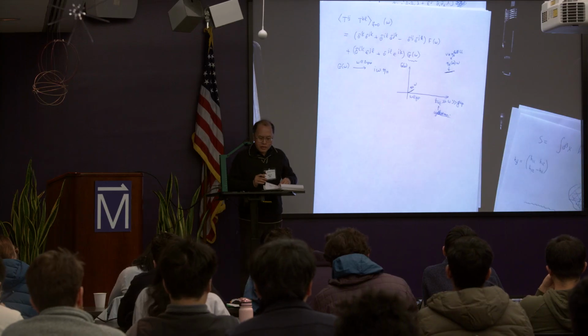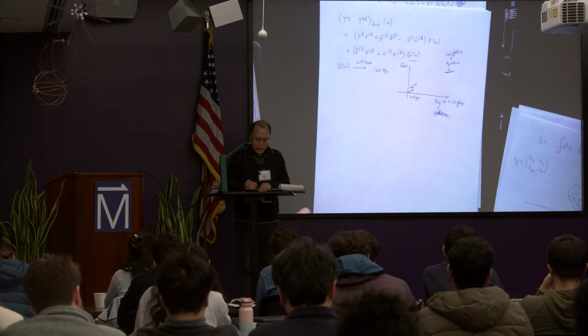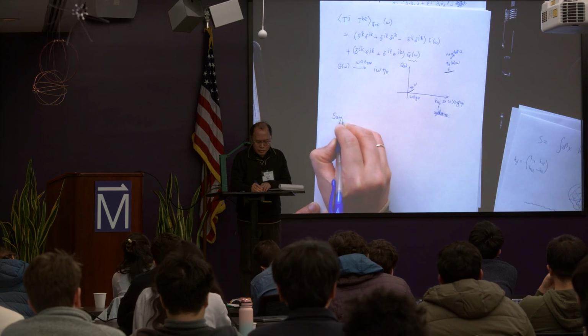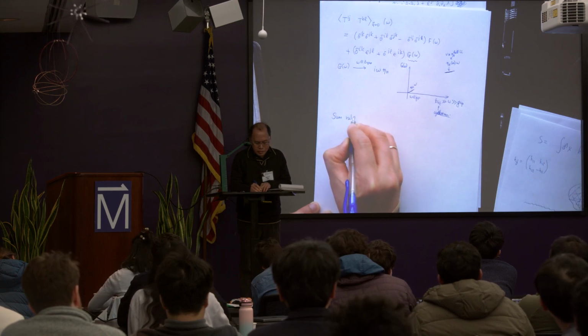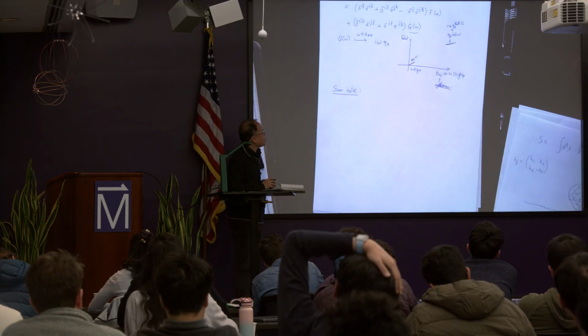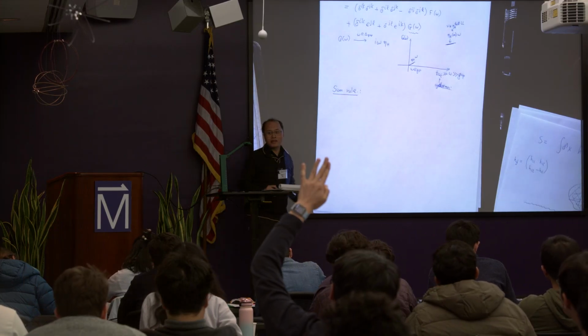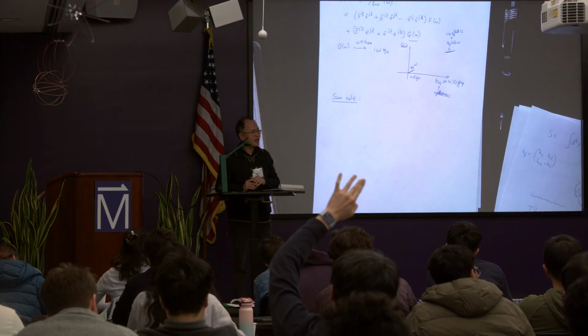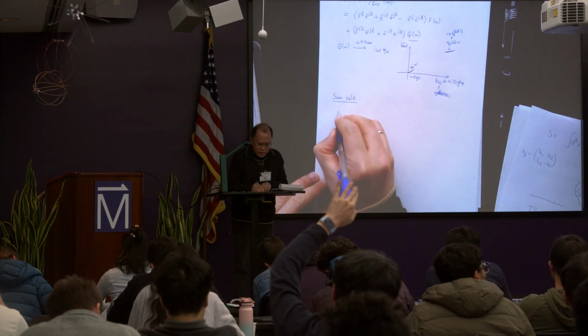Okay, so now I can write down some kind of a sum rule. The sum rule is based on the analytic properties of this function. It's basically a Kramers-Kronig type of relation.